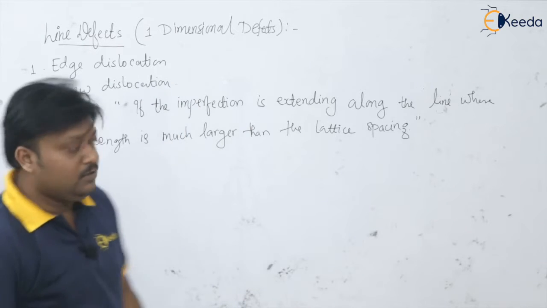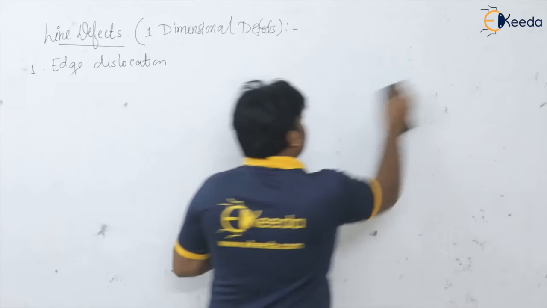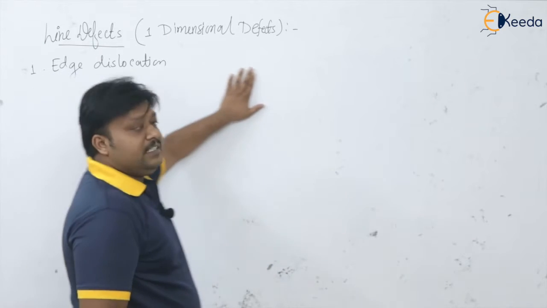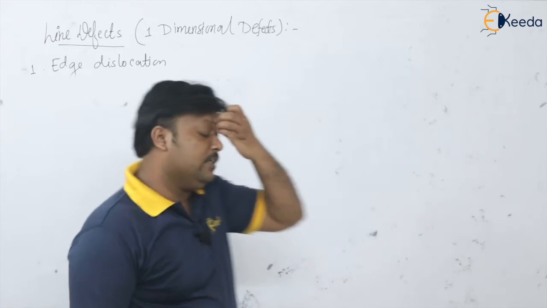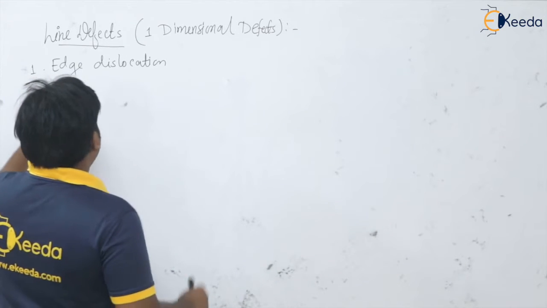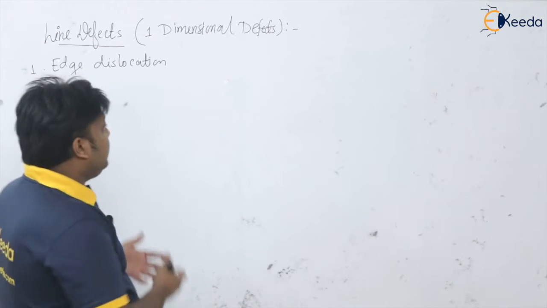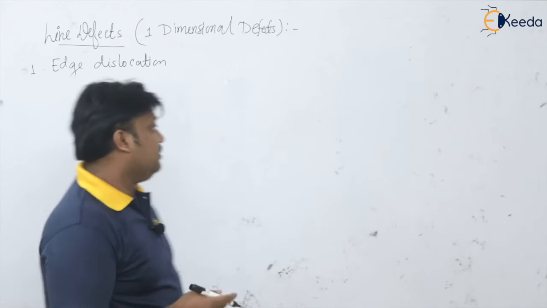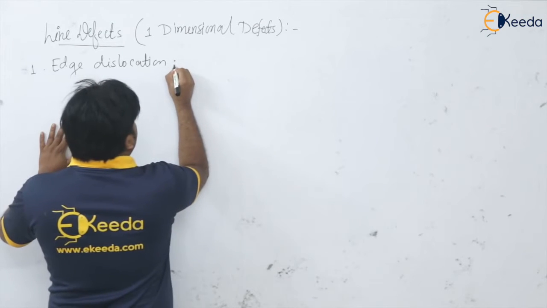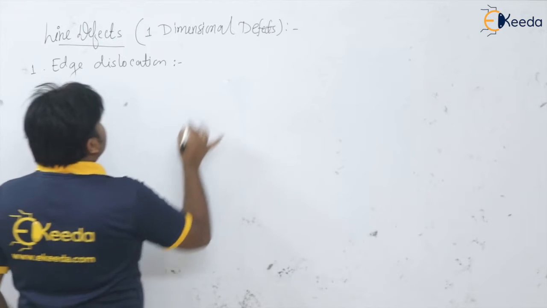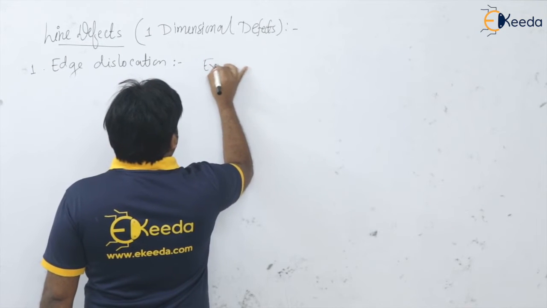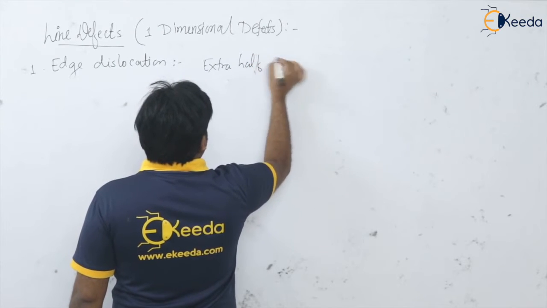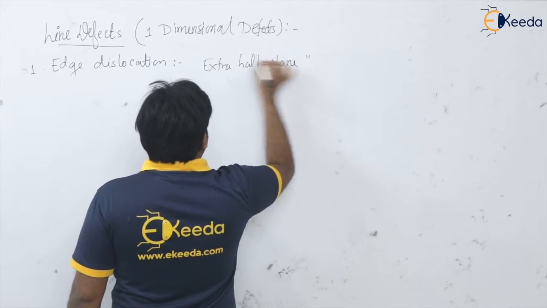Now when you talk about this edge dislocation, which is the defect, it can be the insertion of the extra half plane into the regular atomic arrangement, and as this is the extra half in the regular atomic arrangement, this is termed as the edge dislocation. So it is simply what? It is the insertion of the extra half plane, isn't it?